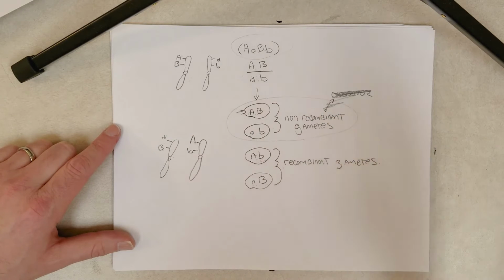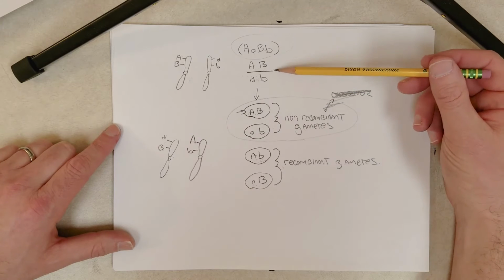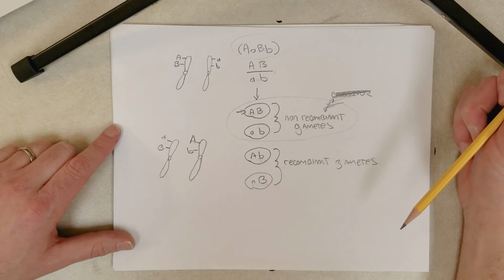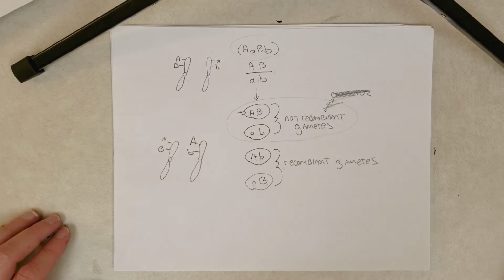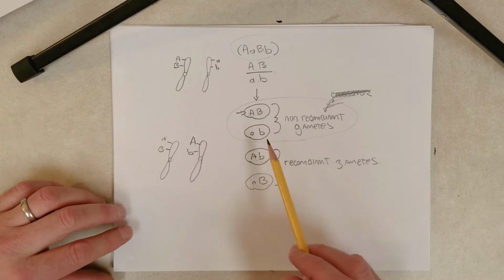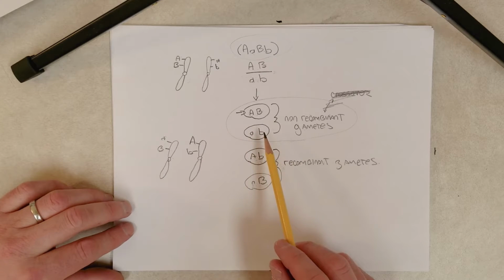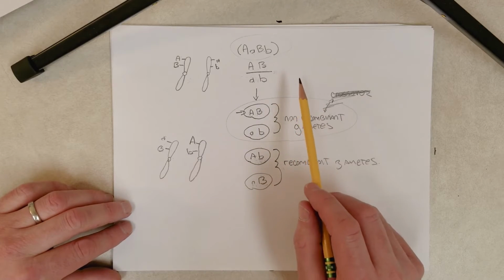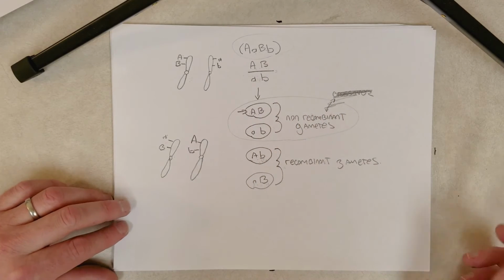Or if you were to take 1,000 gametes produced by this individual, how many would be non-recombinant and how many would be recombinant? We're going to see how to calculate those numbers and learn a little bit about linked genes and what we're going to call a genetic distance between the genes.